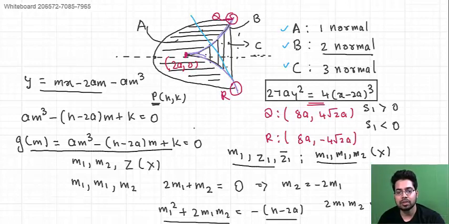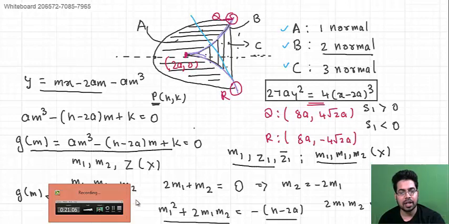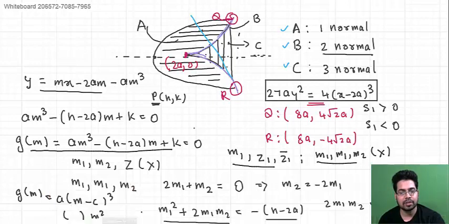Because if all the roots are coincident, can I say that this g(m) would then become in the form of a into (m minus some constant c) cube? Can I say that when I expand this, I'm going to get some coefficient of m square?